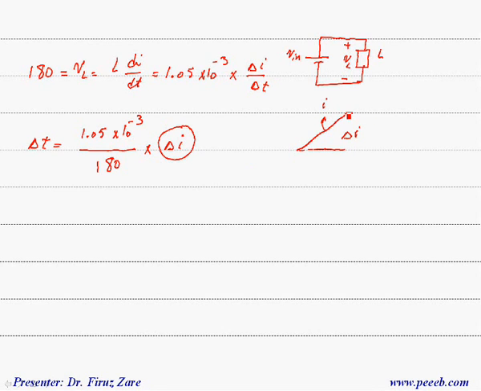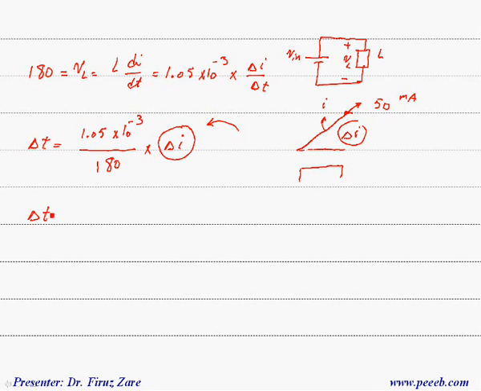We have to be sure that at the end of this pulse, the current reaches the latching current. If latching current is 50 milliamps, then we should consider that in this equation.